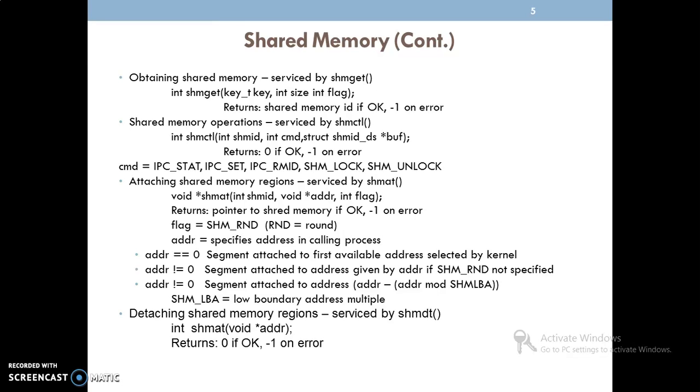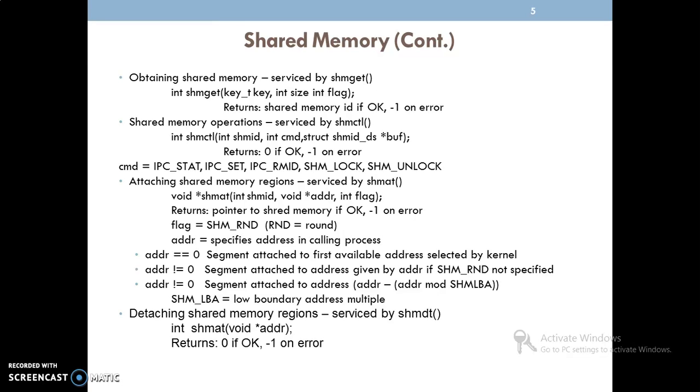Okay, that is one more case. Then the third case is also the same, but semaphore round is specified here. If the boundary value is specified, that is the lower boundary address is specified, then in that case it takes different values.